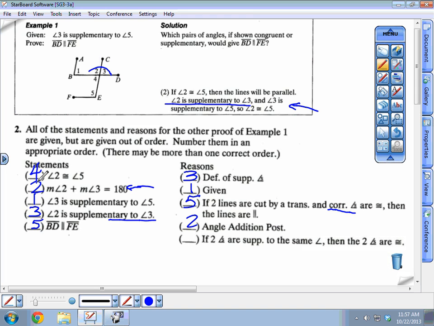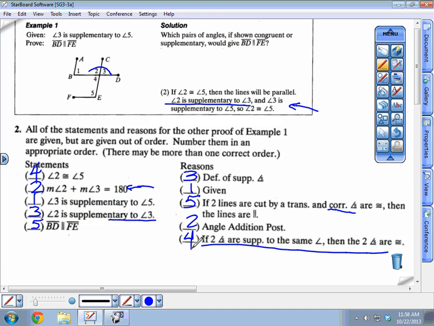Angle 2 is congruent to angle 5. If two angles are supplements of the same angle, this is one you're going to forget. Why? If two angles are supplements of the same angle, then they are congruent, right? That's why angle 2 is congruent to angle 5. A little more difficult because you had to bring in that other reason there that you're not used to using.